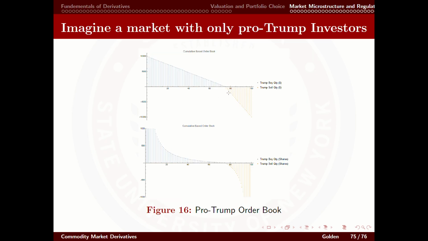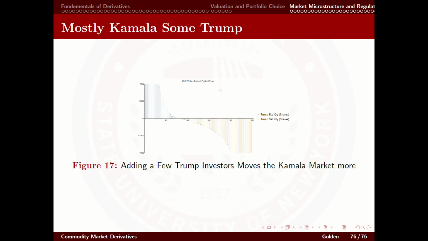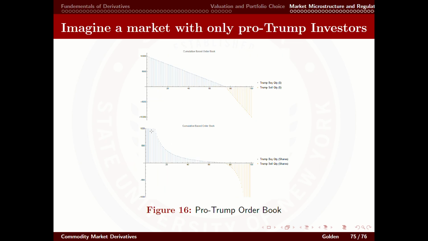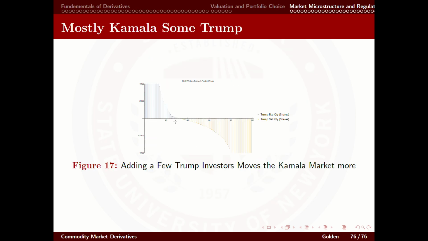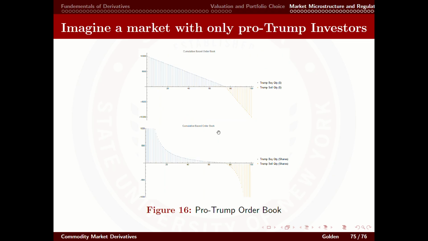The equivalent price of only Trump investors, around here. Trump investors are going to see that the price is really low. They're going to buy a lot of it, and they're going to see this as a better trade than the Kamala investor would see on the opposing side, because notice there's all this area over here.